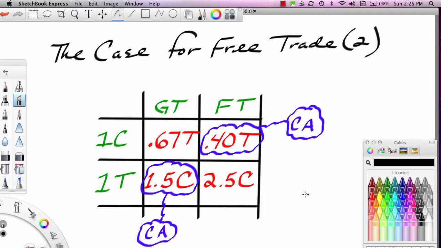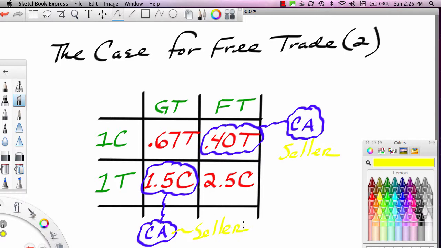What we're going to learn in this part is that the party with the comparative advantage ought to be the seller. So Five Thumb ought to be the seller of corn, whereas Green Thumb ought to be the seller of tomatoes.